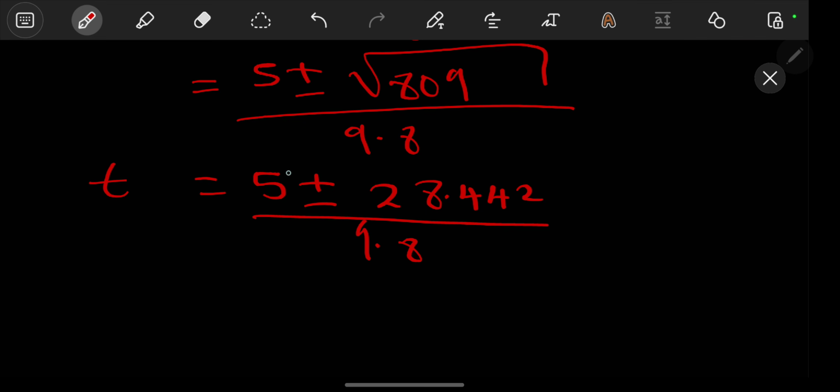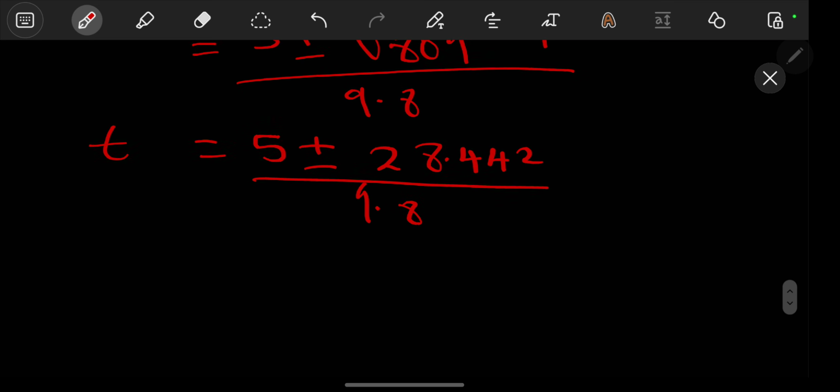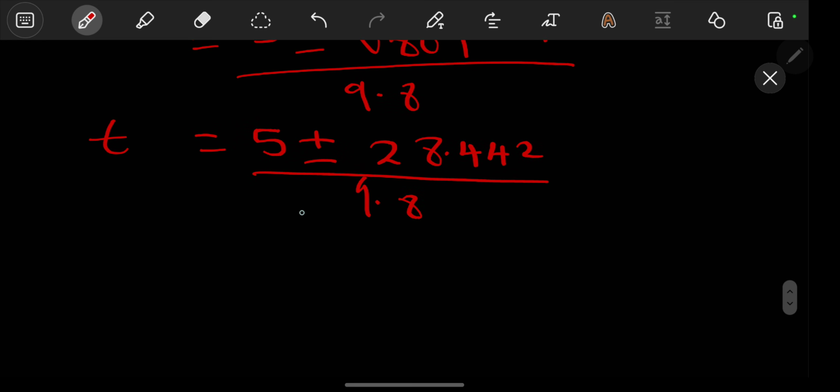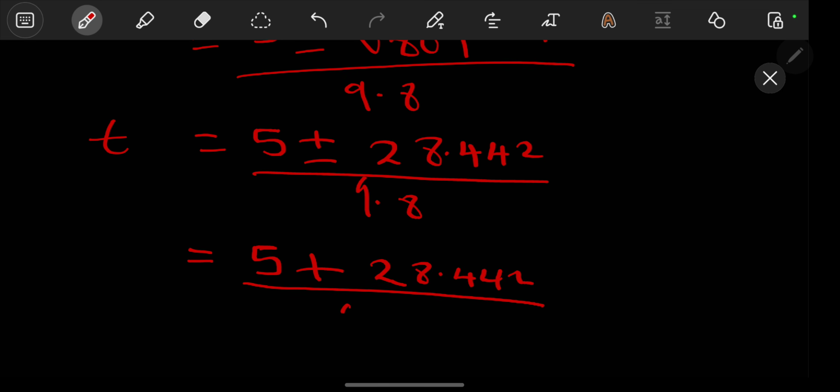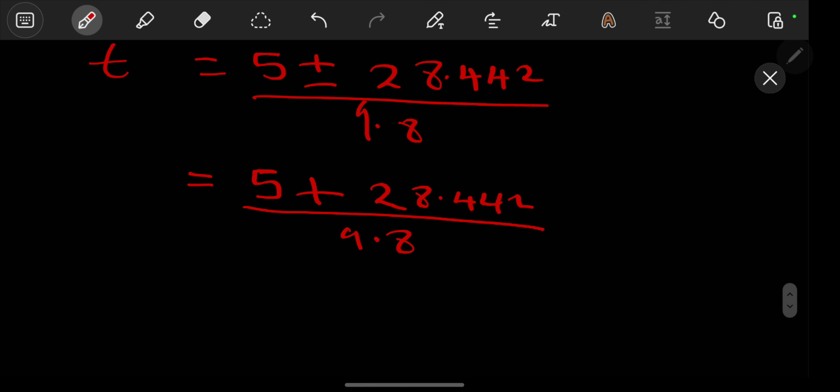If this value was greater than 28.44, it's possible to subtract, but since it is less than this value here, we are just going to add. So we are going to say 5 plus 28.442, then we divide over our 9.8.